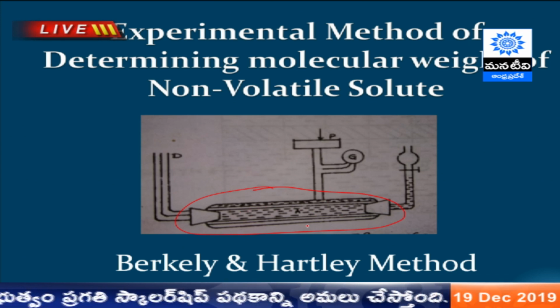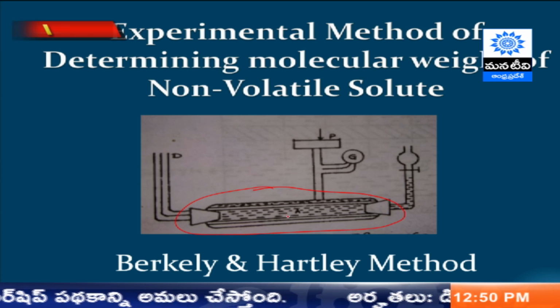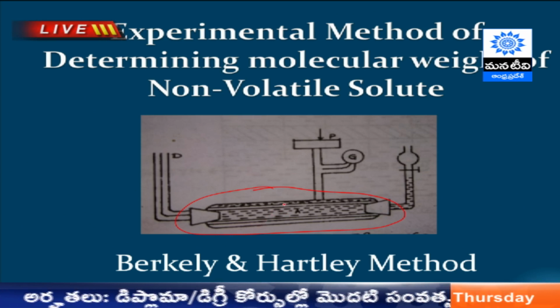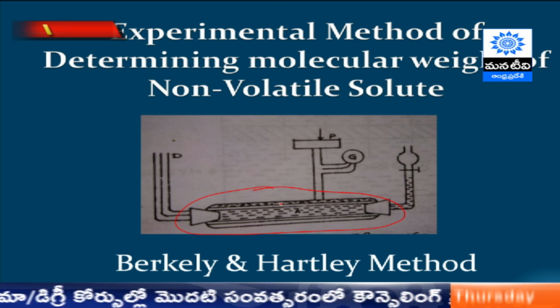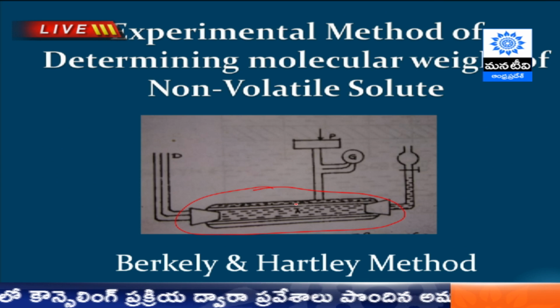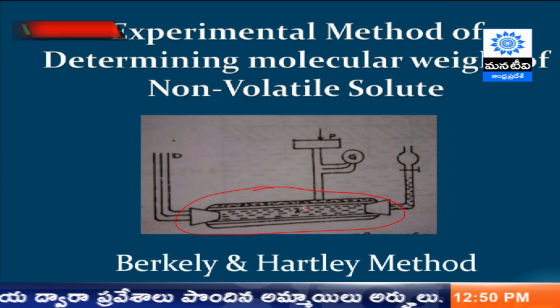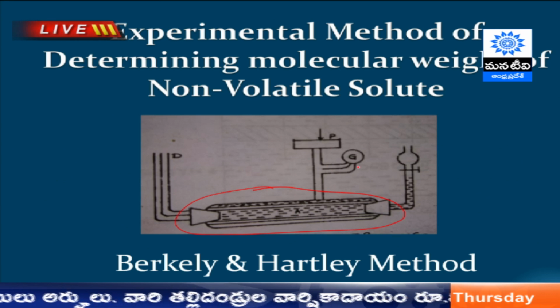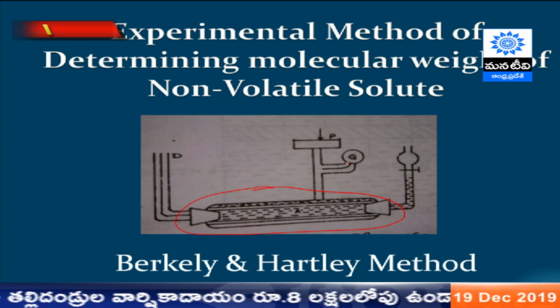This membrane allows the solvent to pass into the solution, because the solution has a higher solute concentration, thereby increasing the pressure, and the pressure meter will give the osmotic pressure.